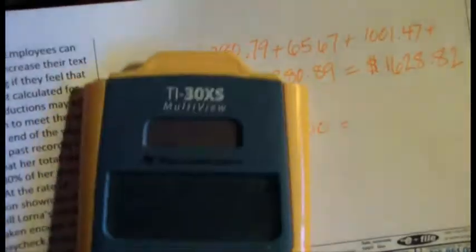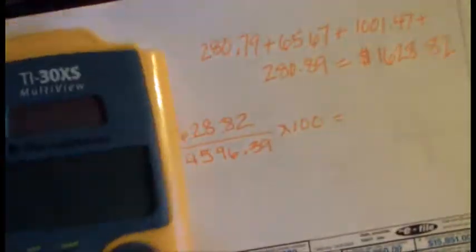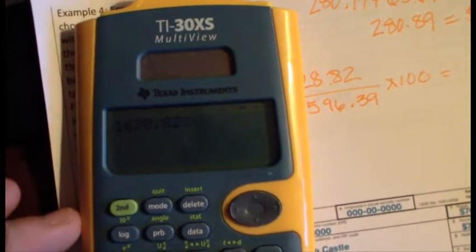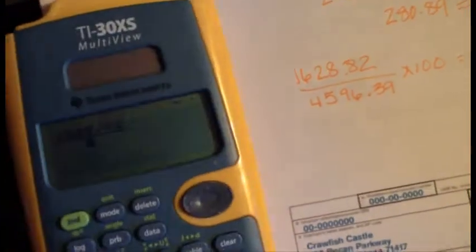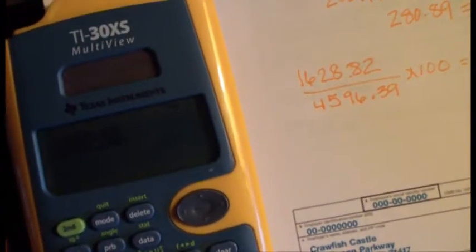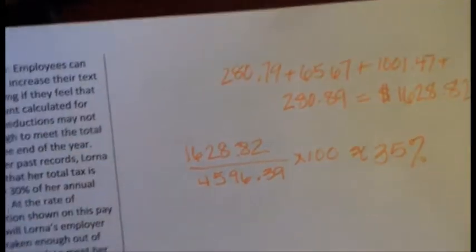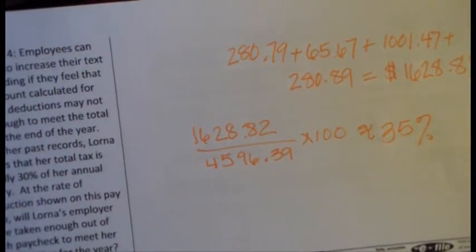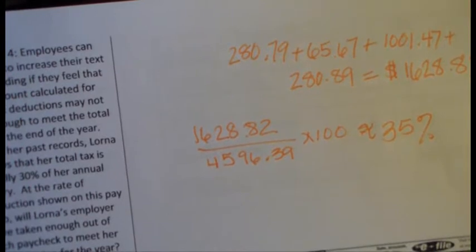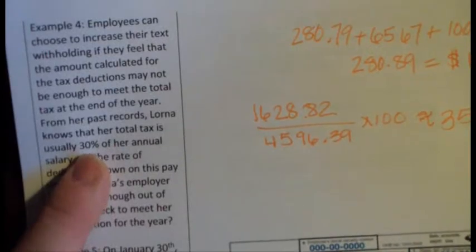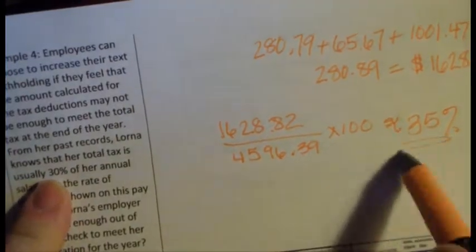So let's see what we get. We've got $1,628.82 over 4,596.39 times 100, and she has about 35% of her paycheck being taken out for her deductions. So she knows that usually she needs 30%, so she's getting more than that.